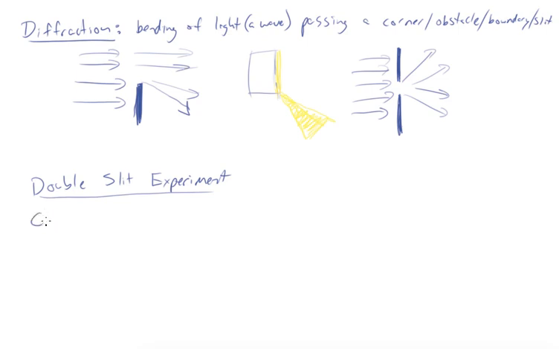That kind of light is called coherent light, that is, monochromatic. Chromatic is like color, and mono is one color. So it's light that's all the same wavelength and in phase.